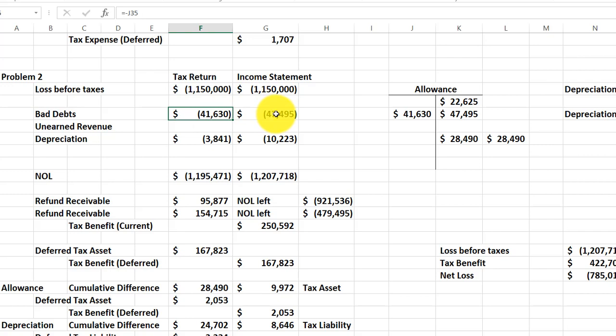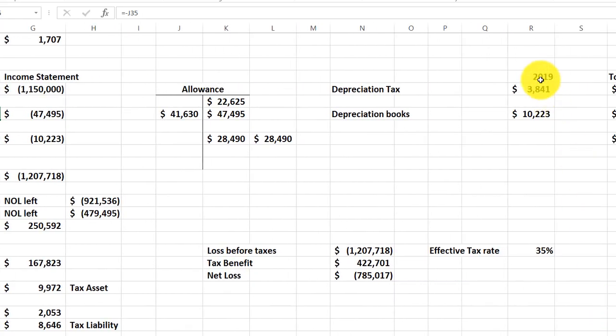As far as estimate here, actual write-offs here, just like it shows in the T account. Okay, and then we still have depreciation carrying over for 2019. We have our calculation of depreciation, and for books it's the same as last year, right? Because it's nice and straight line, and the cumulative total for the last 4 years.